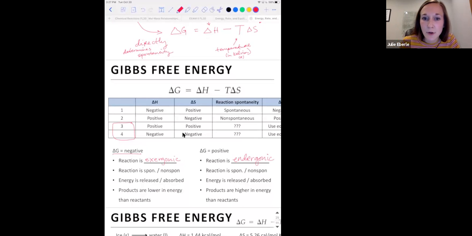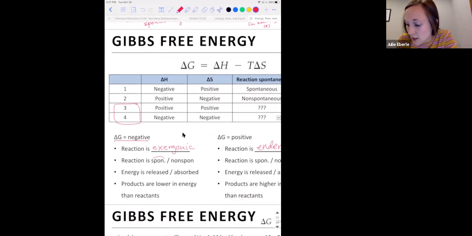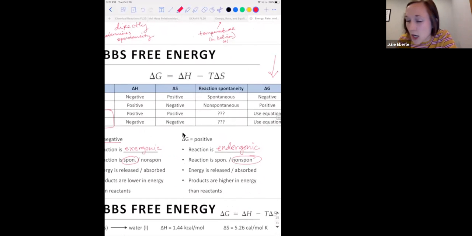Okay, exergonic and endergonic. Exergonic reactions are spontaneous, they're favorable, they'll always happen. Which is the next statement. The reaction is always spontaneous if it's exergonic. The reaction is always non-spontaneous if it's endergonic.